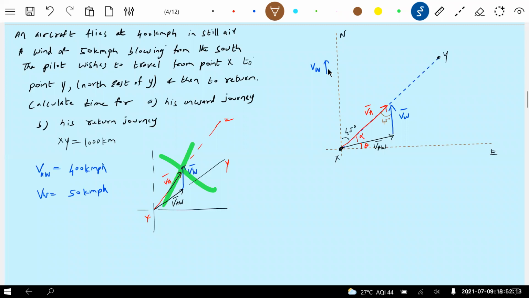VA has to be determined. This angle I don't know. VA 450 kilometer per hour. I'm getting 433 somewhere. What has to be done?